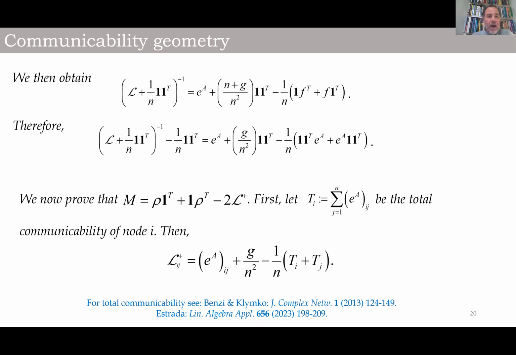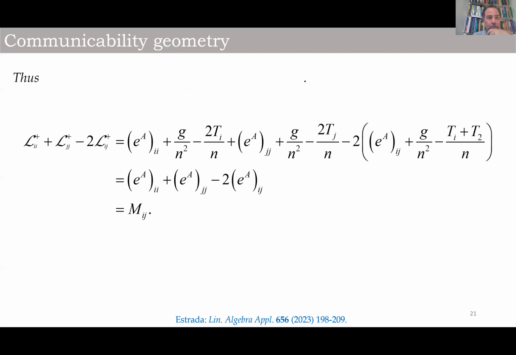And now we need only to prove that this matrix M is equal to this expression here. For this, we define this term that was defined by Benzi and Klymko in 2013, and is called the total communicability of a given node. And then you simply write down this expression in this way, and you finally prove the result.